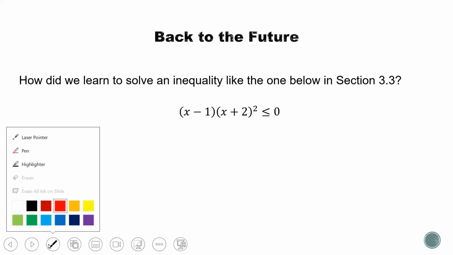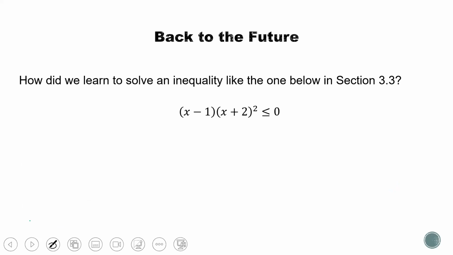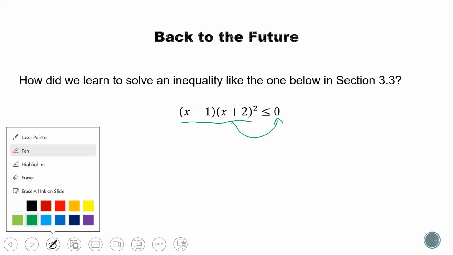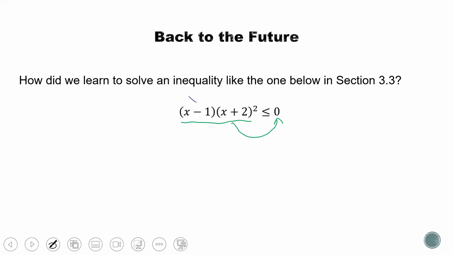And in those types of problems, our approach was to first look at what would make this left-hand side equal to the right-hand side, namely the values of x that make that equal to 0. In this case, by inspection, we can see that x equals 1 makes this 0, and x equals -2 makes this 0.